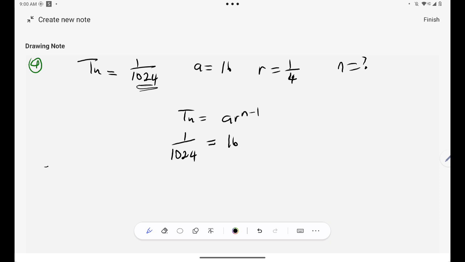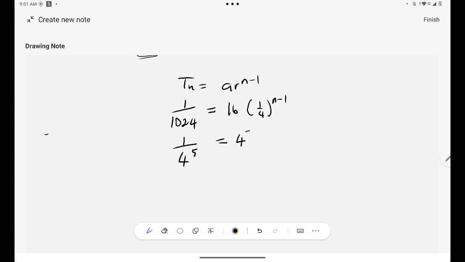A is 16. This is 1 over 4. Let me check: 4, 16, 64, 256, 1024. Okay, this thing is the same as 1 over 4 to the power 5.